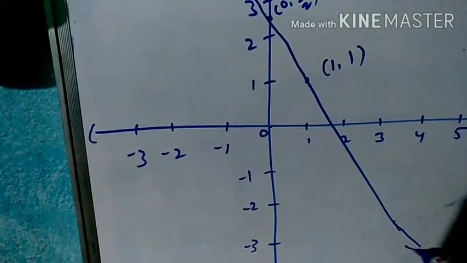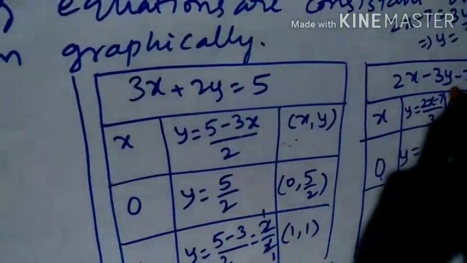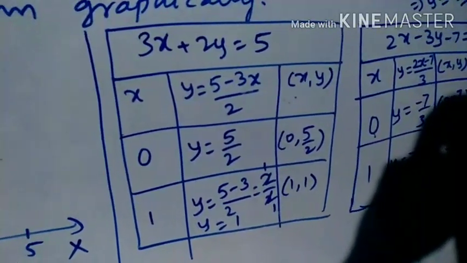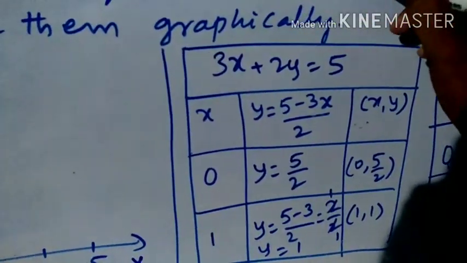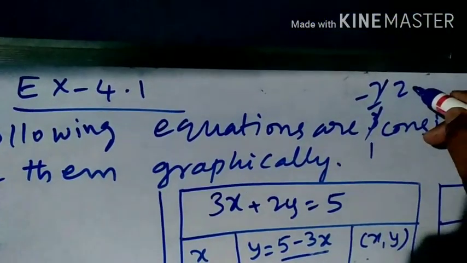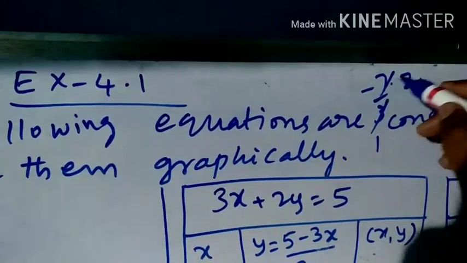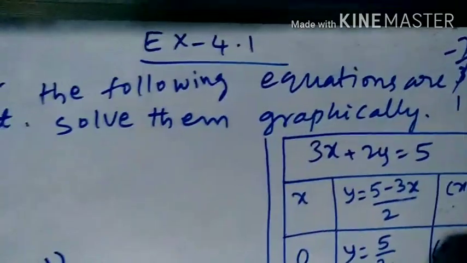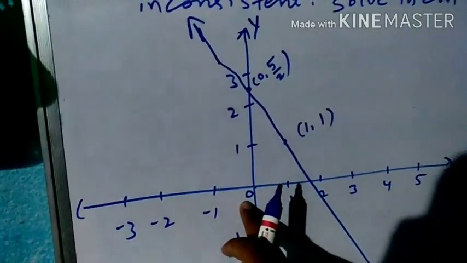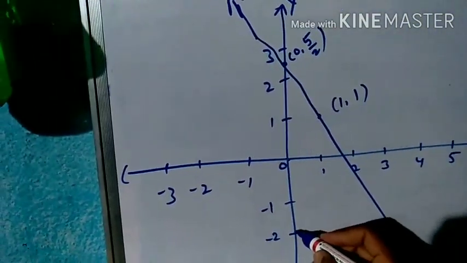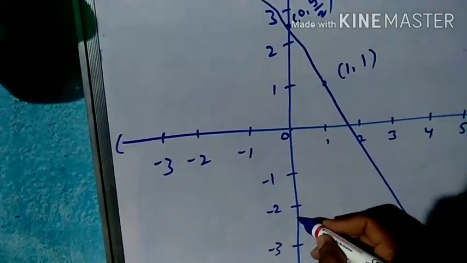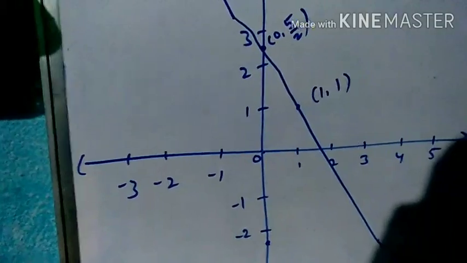Extend like this. Next for 2x minus 3y minus 7 is equal to 0, the points are 0 comma minus 7 by 3. Minus 7 by 3 means minus 2.33. So here is one point, minus 2.33.